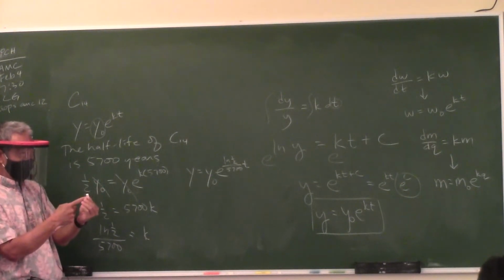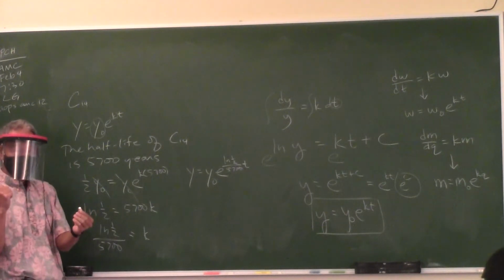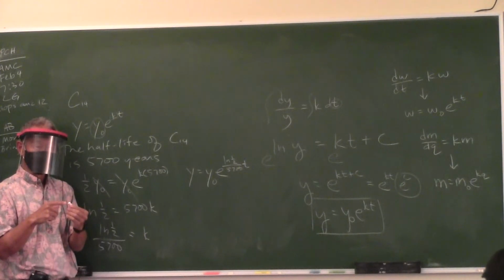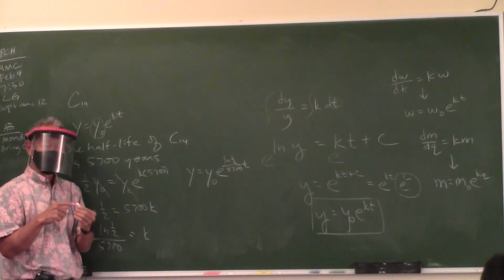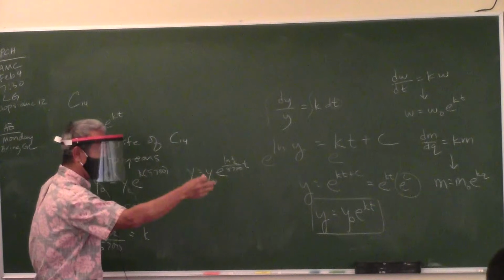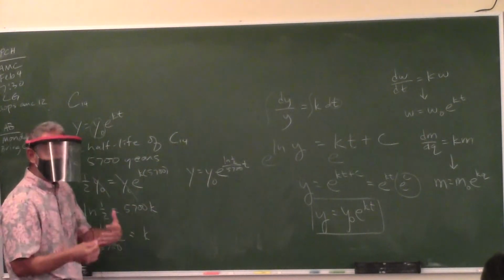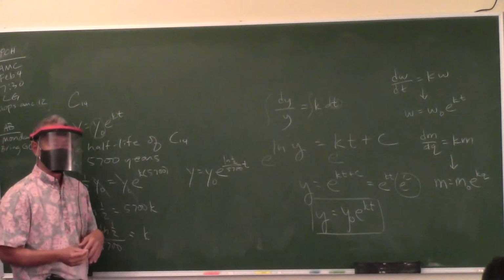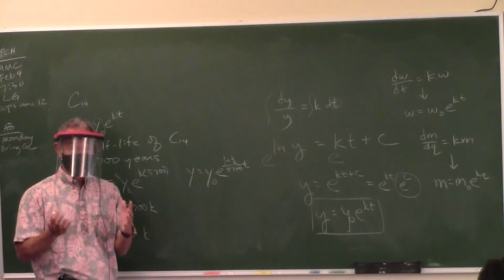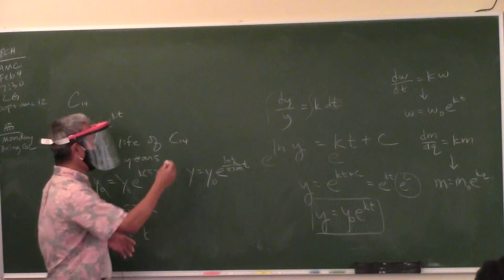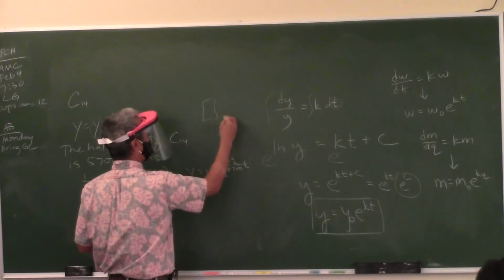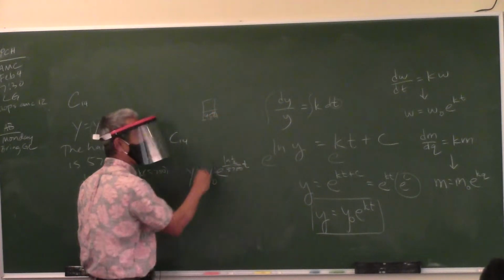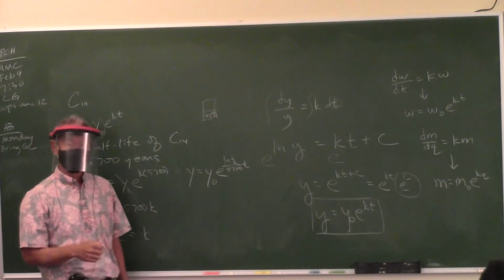Is this bone from the barbecue last weekend, or is it from an ancient civilization long ago? How do you know? You take it to the laboratory, and they'll carbon date it and tell you something like there's 45% of the original amount left. Whatever original amount there was in the beginning, there's only 45% of it left. Can you figure out how old the bone is?